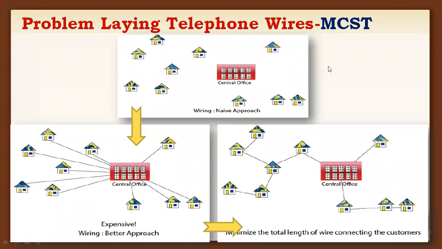This is a clear picture showing the telephone wires laid among different places. Assume that this is the BSNL central office. There are various offices or residences located in different places. If you want to establish a well-connected network among those offices or residential floors from the centralized office, you need a structure.